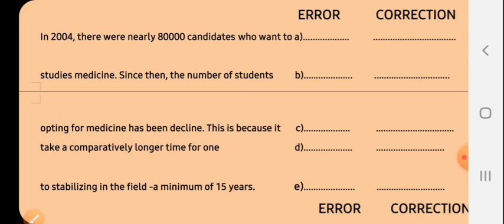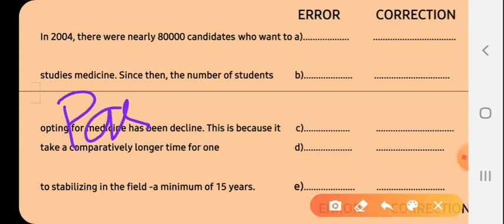If you look at the passage, the first thing you notice is that the passage is written in past. Why? It is about 2004. The date is mentioned, 2004. It clearly suggests that this passage is about a past event.